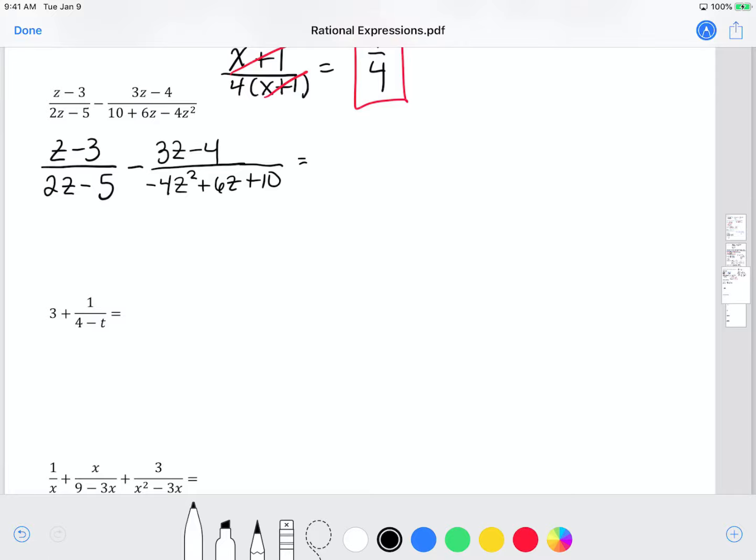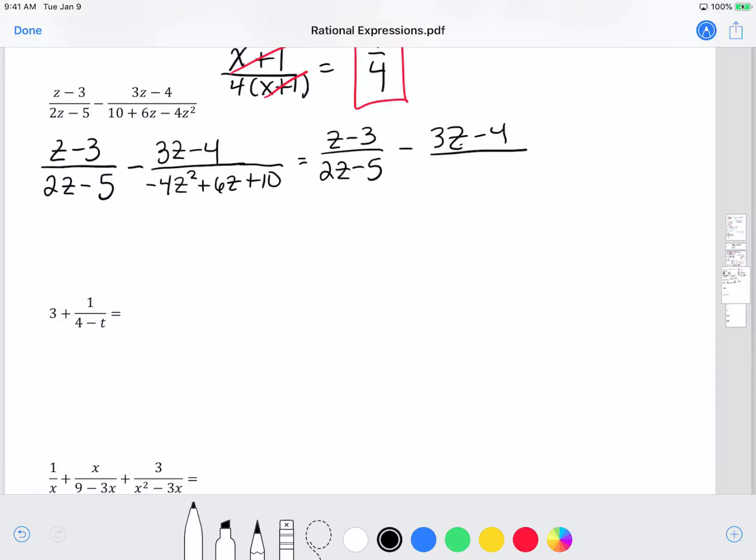I also do not like to have negatives in front with my leading coefficient when I factor, and again, that's just a preference. So I'm going to rewrite everything over again, because I like to make this as easy as possible, and I'm going to factor out a negative from the denominator so that my leading coefficient is positive for when I factor.